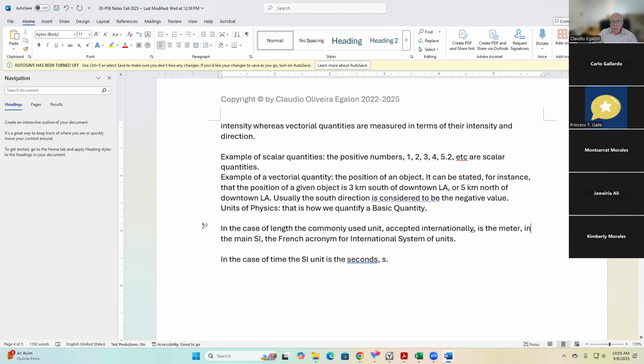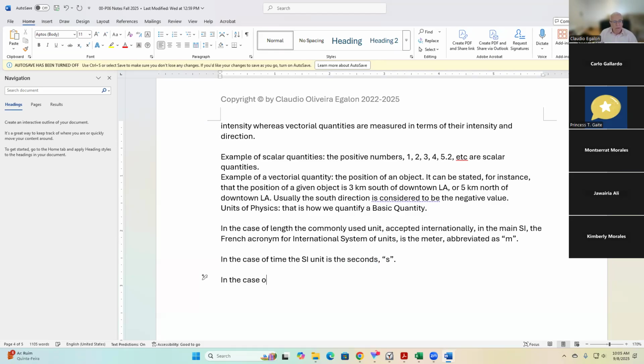This one is the meter, abbreviated as m. In the case of time, the SI unit is the second.